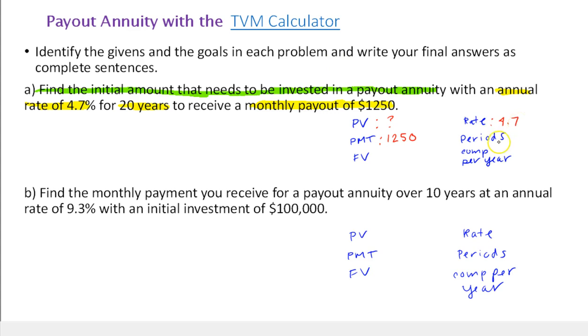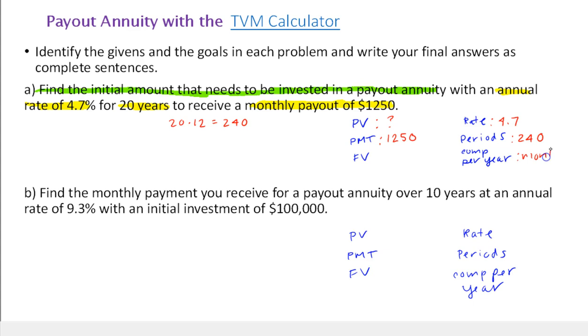The number of periods, well, it's a monthly payout for 20 years, so 20 times 12, and that's going to be 240 payments. And the number of compoundings per year is the same as the payout time, which is monthly, so that's going to be monthly.